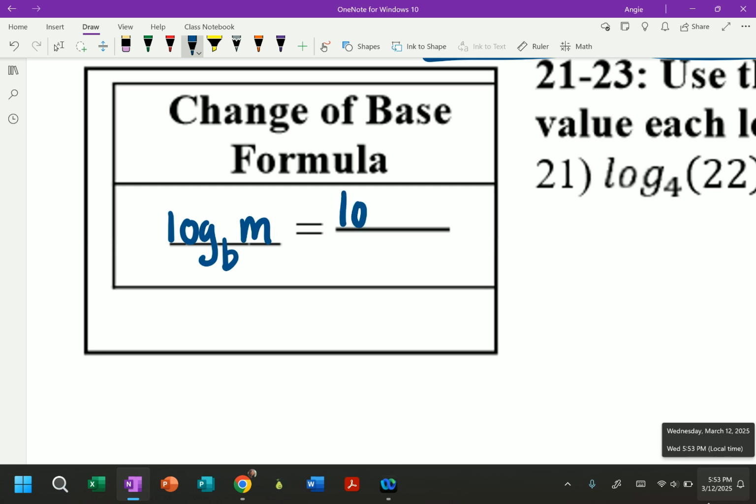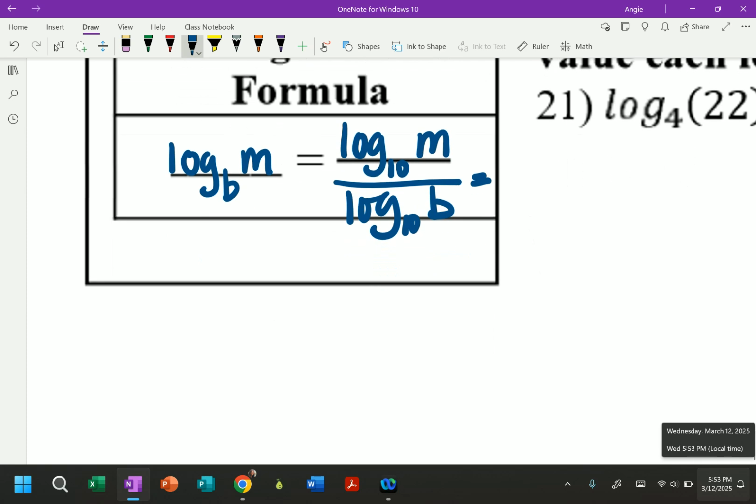So in that case, we are going to use log base 10 of m divided by log base 10 of b. Now, in the calculator, if you don't see a base written, it's always base 10. So normally you're going to see log of m divided by log of b.